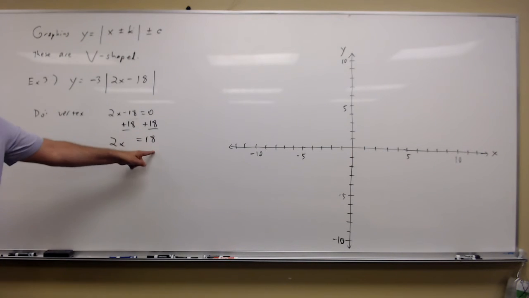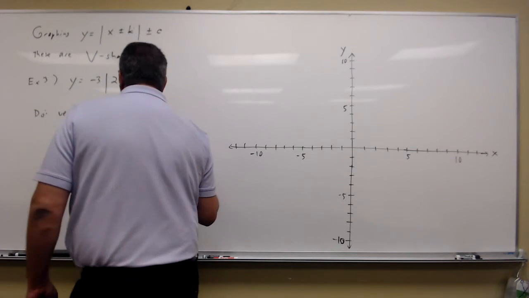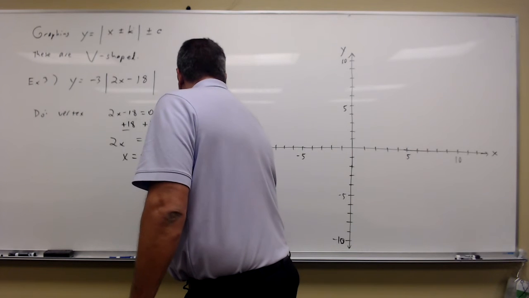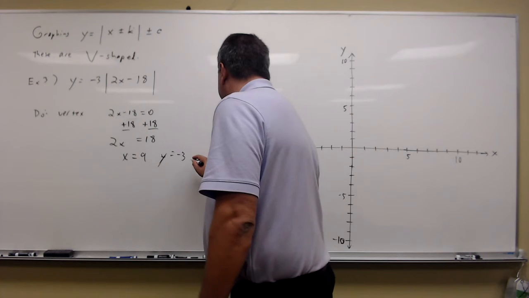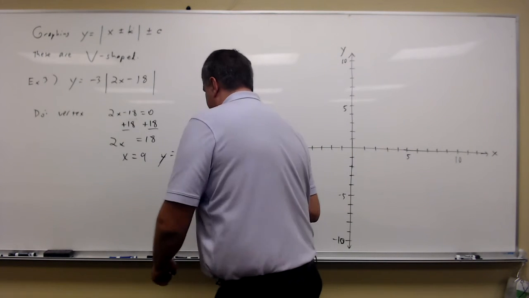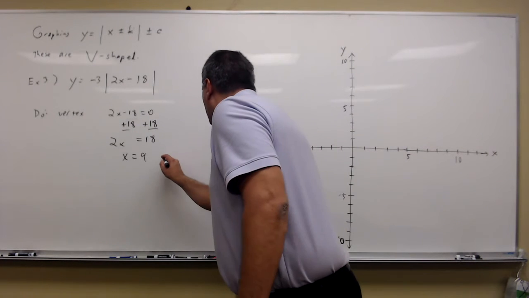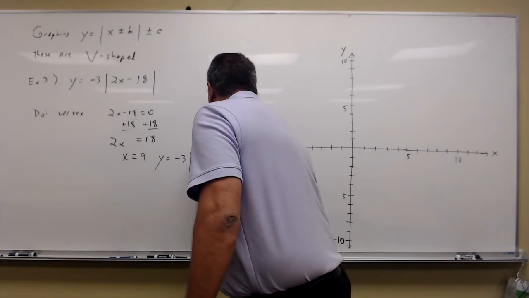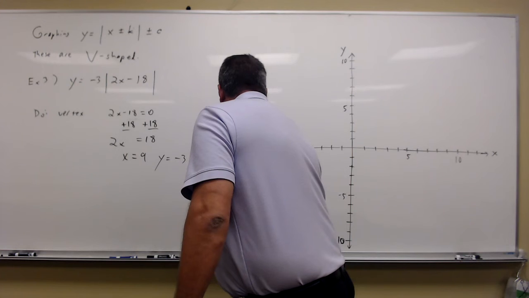Divide out the 2, x is 9. So y equals negative 3 times the absolute value of 2 times 9 minus 18.